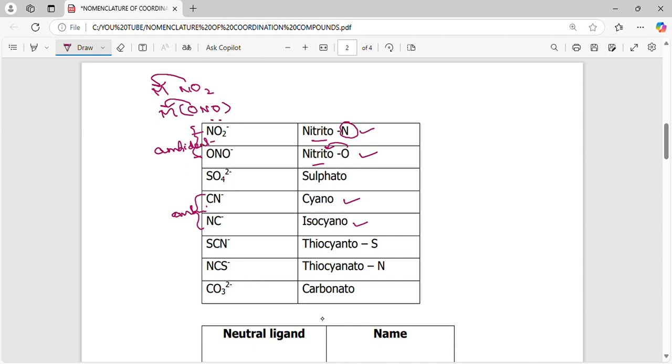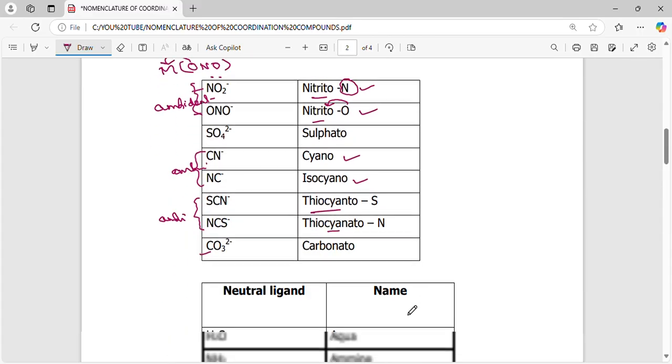Coming to SCN and NCS, these are two different ligands, but they are also ambident. In this case also we use the letters S and N to represent SCN and NCS because both the names are similar: thiocyanato. And finally carbonate is carbonato. So always ending with the letter O. Why? Because all these ligands are anionic ligands. So this table you have to study for your exam.